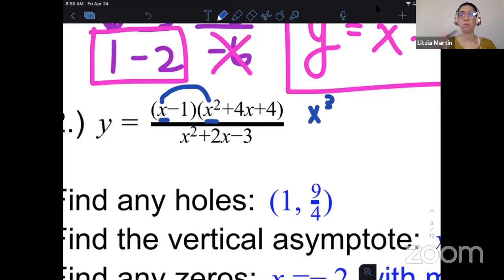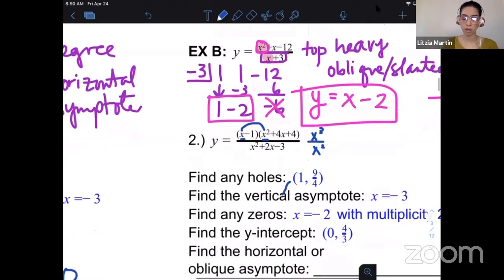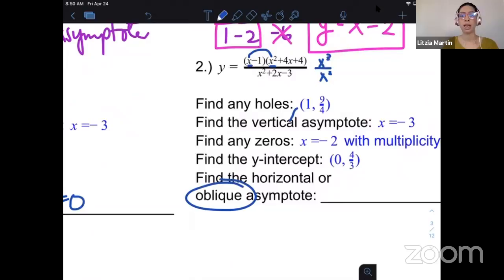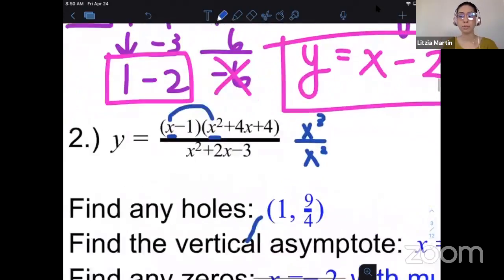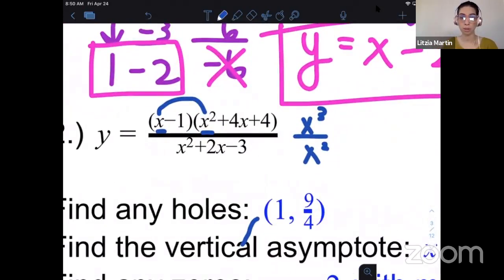So we know x cubed is the highest degree up top, and x squared is the highest degree at the bottom. So this is a top-heavy function. So top-heavy means we know it's going to be oblique, and it also means that we're going to have to divide.